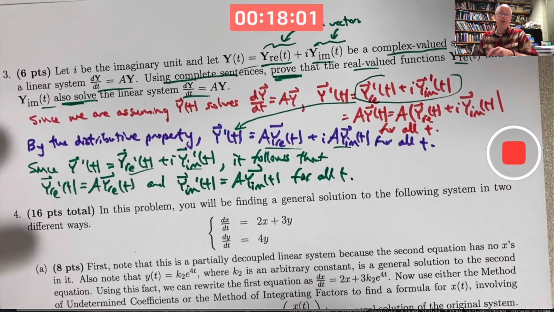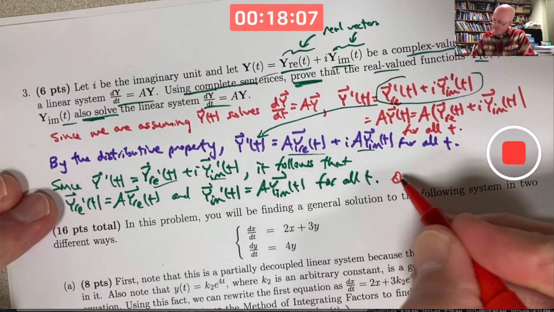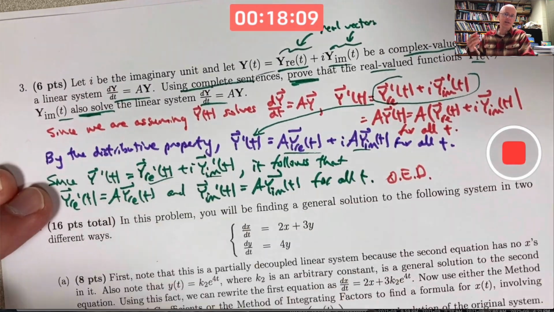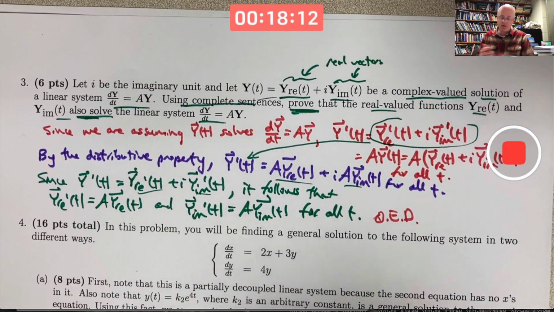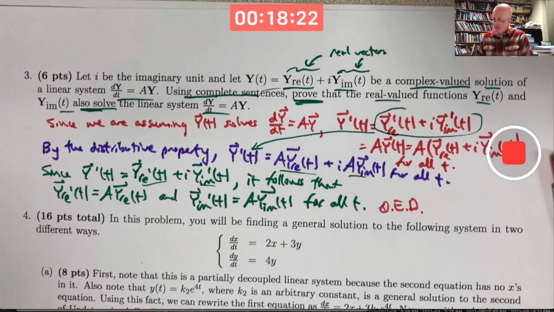And that is what it means to solve the differential equation. And that means I'm done. I can say QED. Maybe you want to add an extra sentence in there saying this means they solved the differential equation. Okay? So you use your assumptions, you use basic properties that you know, and try to get to the conclusion. You've got to connect the assumptions with the conclusion.